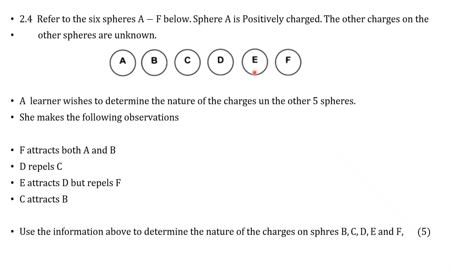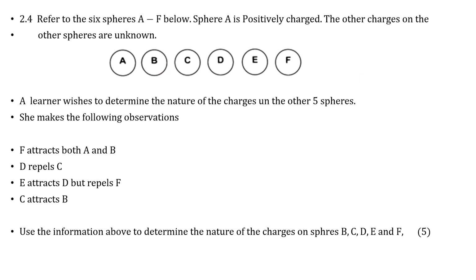For it to repel F, that means D should then be positively charged. Alright, C attracts B, but it's repelled by D, so if D is positive, then C is also positive. A is negative, so that means that B there can technically say is neutral.